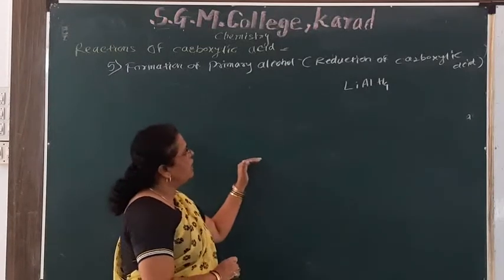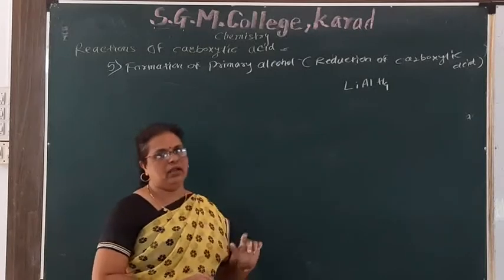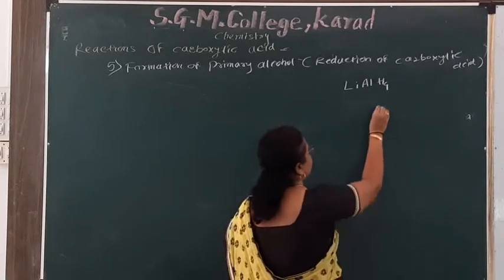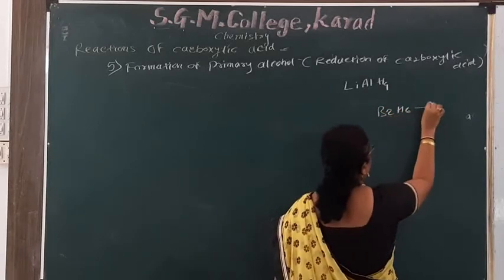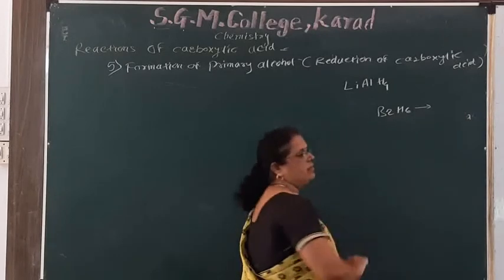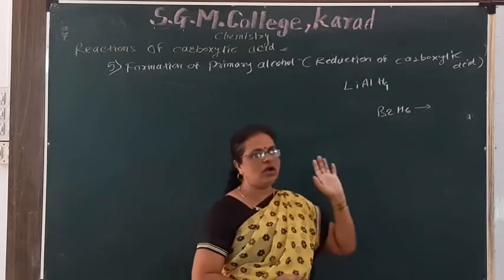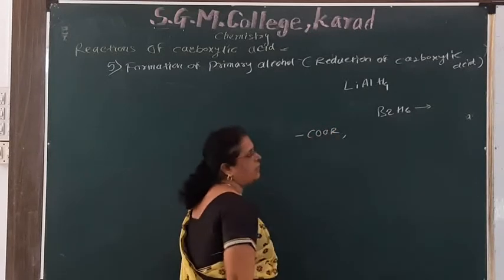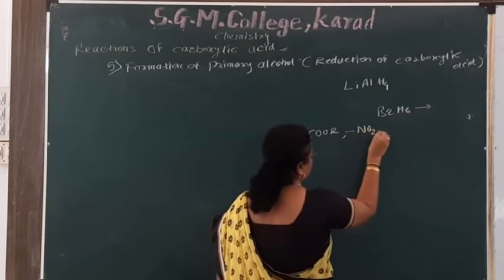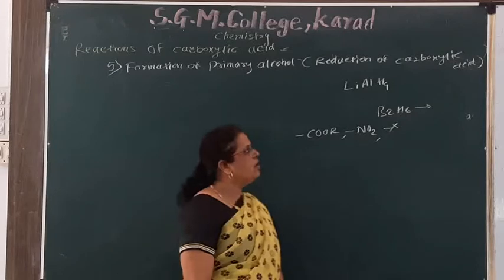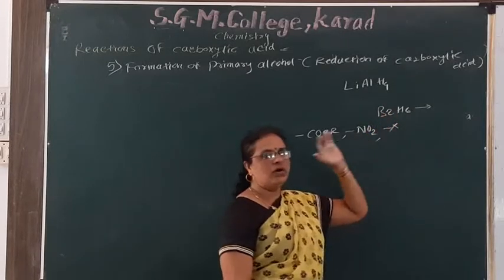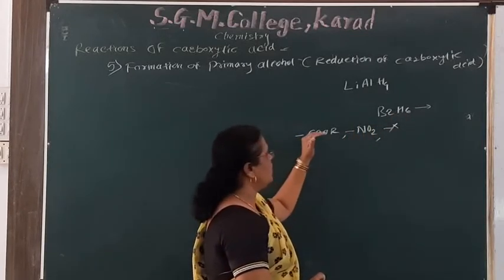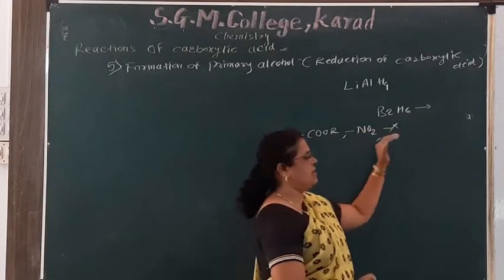Diborane, B2H6, also reduces carboxylic acid, but diborane does not reduce ester, NO2 and halogens. The ester group is COOR, and X means halogen.